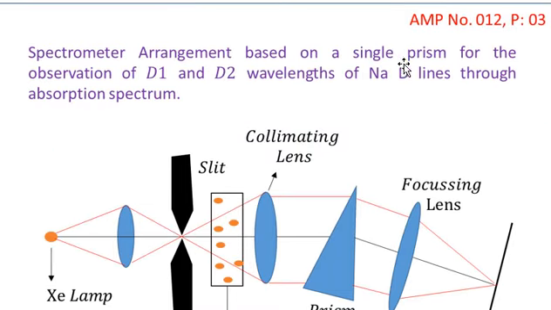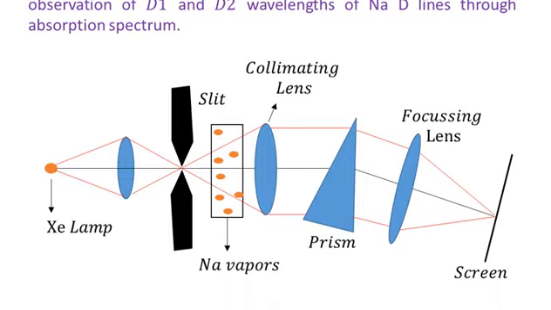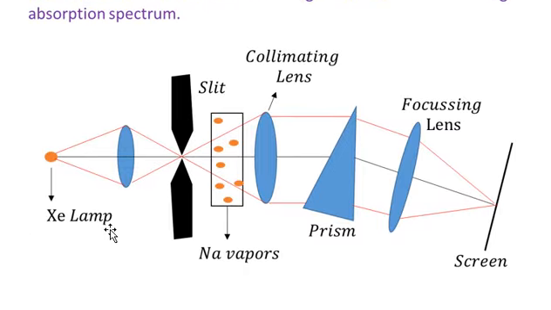Here is a spectrometer arrangement based on a single prism for the observation of D1 and D2 wavelengths of the sodium D lines through an absorption spectrometer. So you see that here we are using an absorption spectrometer, and in this absorption spectrometer we have a xenon lamp, providing a broad source of light, and it passes through a lens.